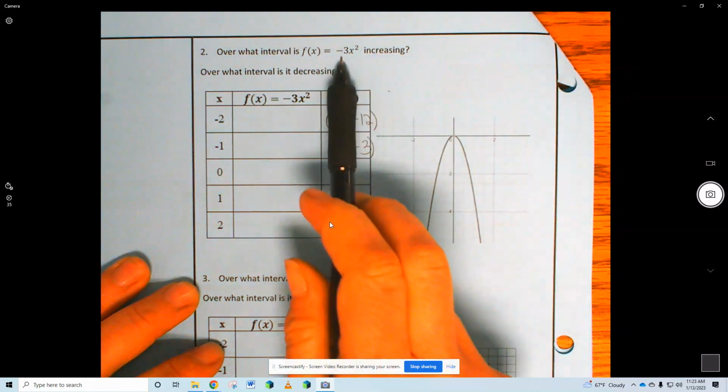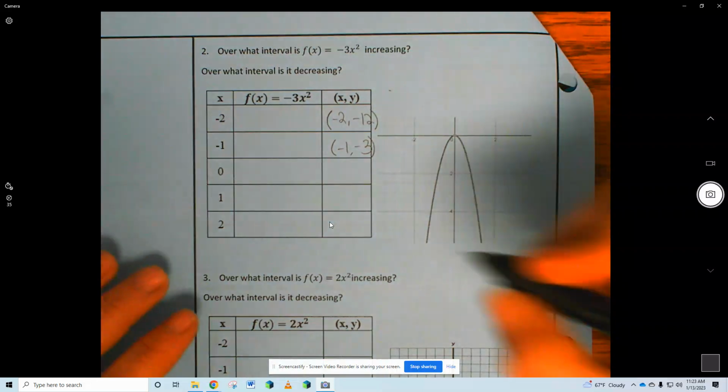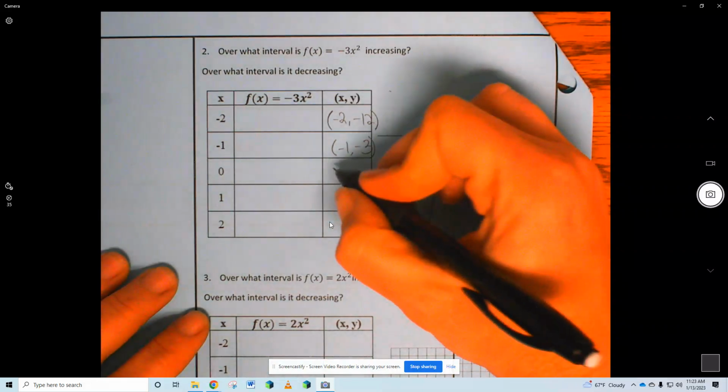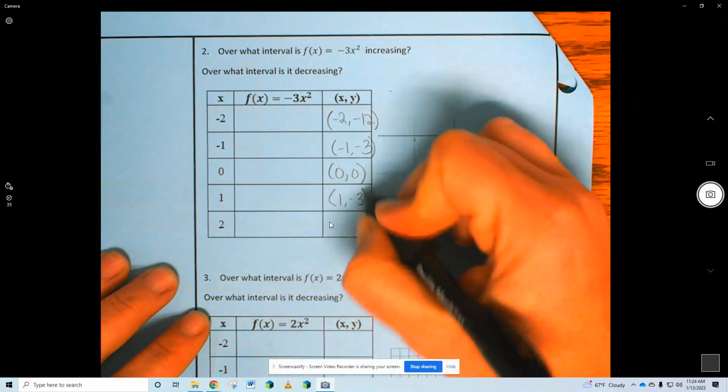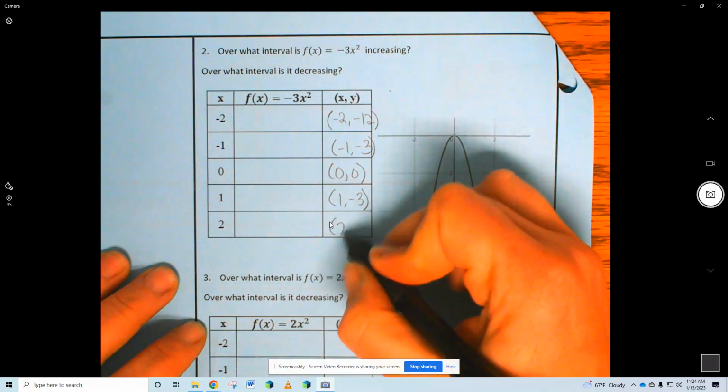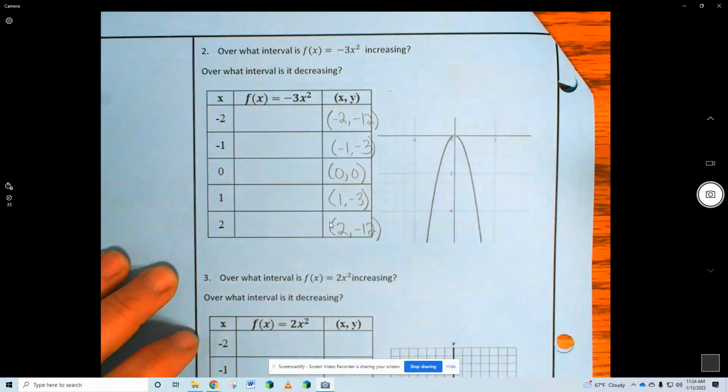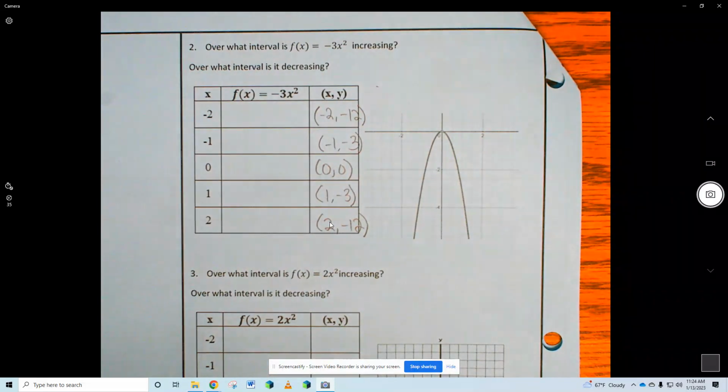This is the graph of -3x squared. It's downward facing. 0, 0, 1, comma, -3, 2, comma, -12. So there's the graph.